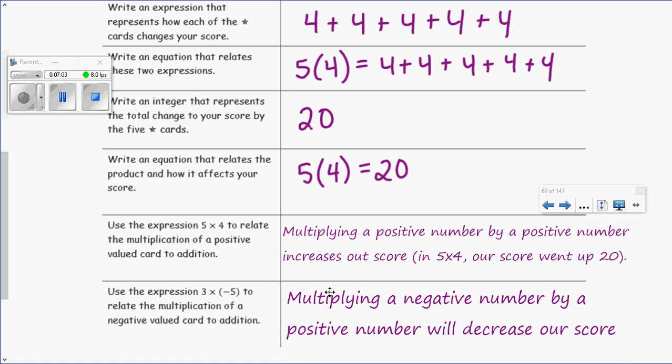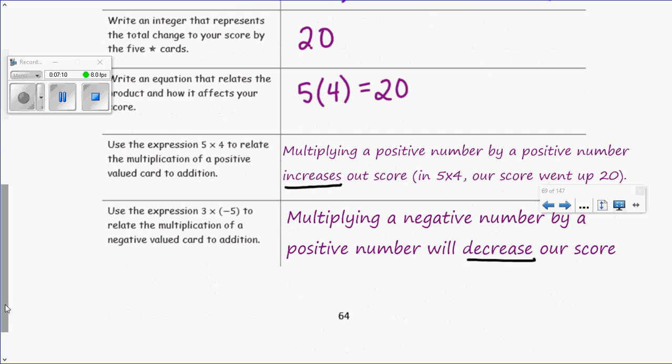Okay, so let's go ahead and underline those words increase and decrease. Because in this one, 3 times negative 5 equals negative 15. And just in case you were wondering about this multiplication sign or the parentheses, those say the same thing. They both say 3 times negative 5.